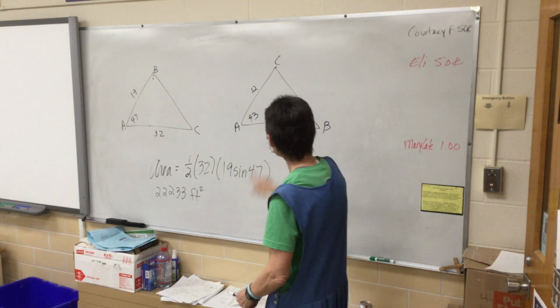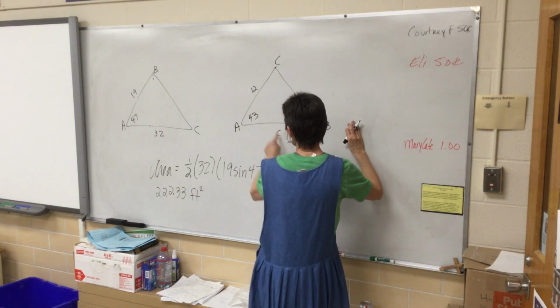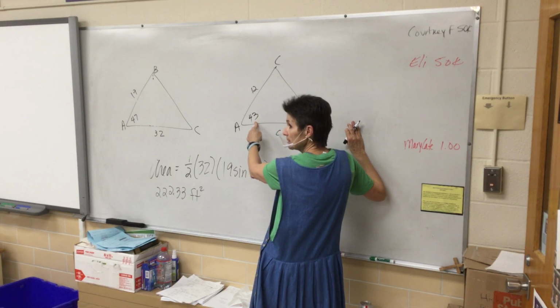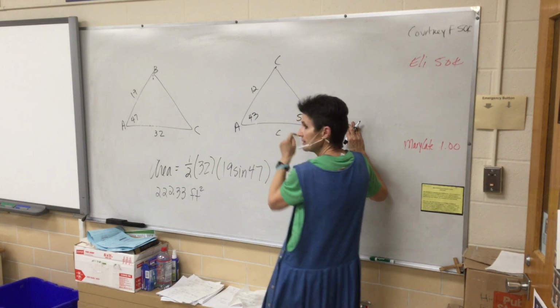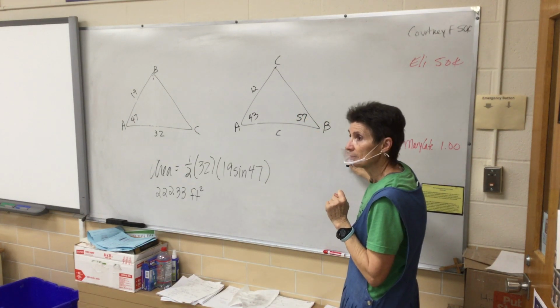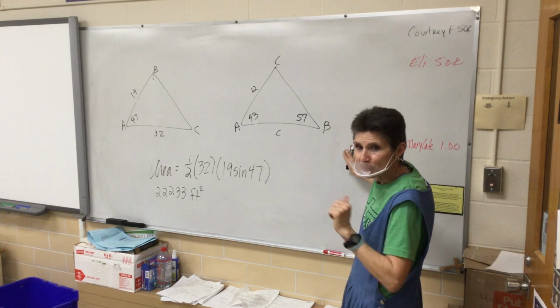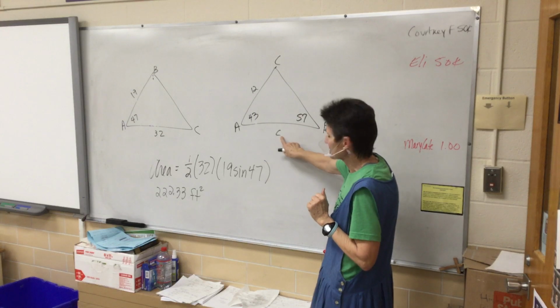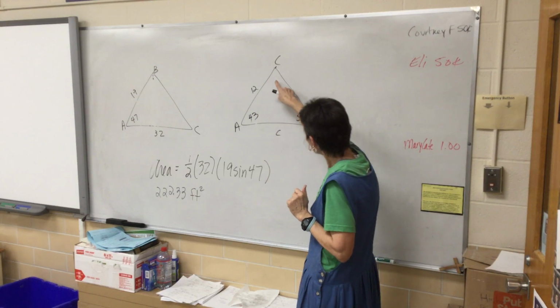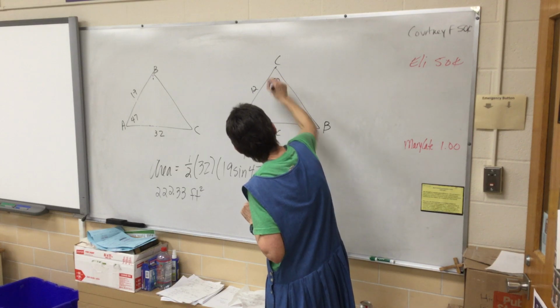It would be if I knew this side, because then could I do 1/2 12 that sine 43? Can I find that side? Yeah. How? Finding angle C and angle B. Exactly. I'm going to use my law of sines to find that side, because I can figure out that angle is 80.